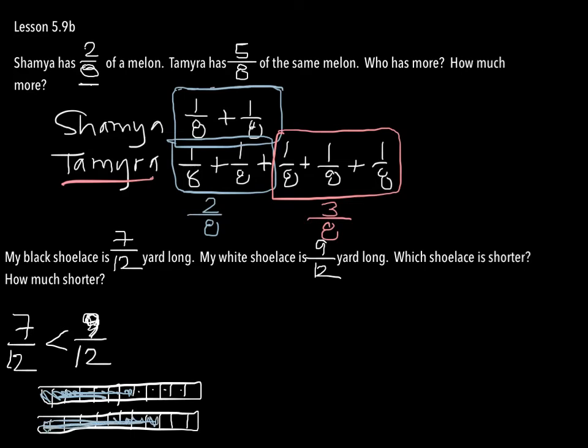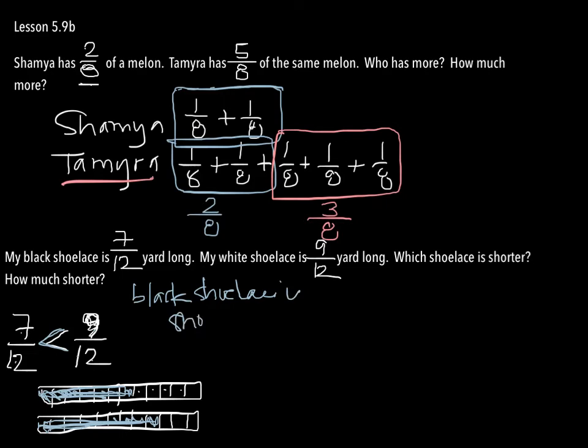Okay? Remember, the denominator is just the number of chunks that it's broken into, and the numerator is the number of those chunks we're talking about. So we should be able to tell, because we have the same denominator, that 9 is greater than 7. So 9/12 is greater. So the shorter one is the black shoelace. So the black shoelace is shorter.